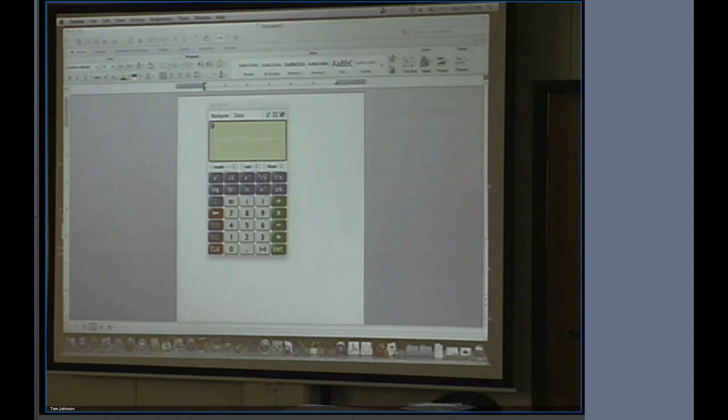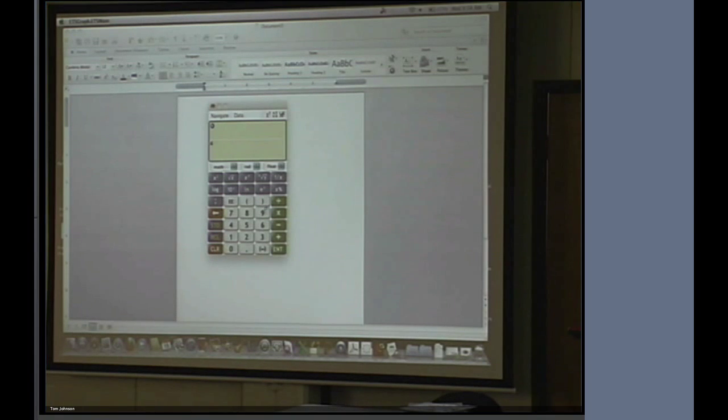Okay, so we've got our calculator up. This is what it's going to look like. So let's work through this problem. We said we've got 4/3 times 3.14 times 6.6 cubed.